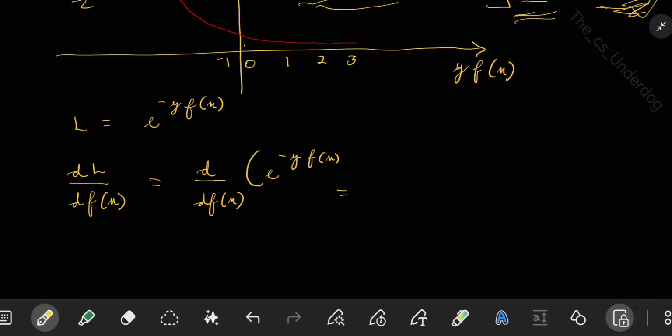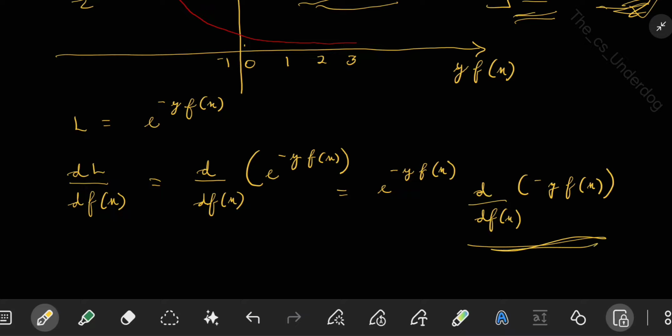This will take the value e power minus y into f of x, into the derivative of this value, which is d by df of x of minus y into f of x. And d by df of x of minus y into f of x will be minus y.